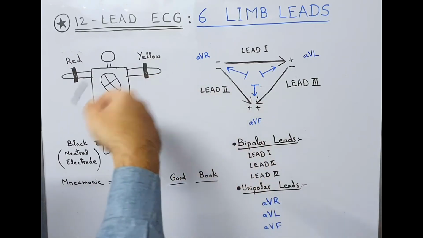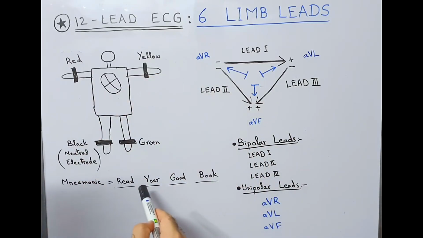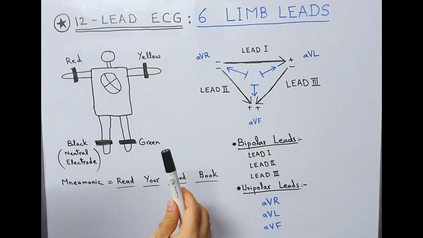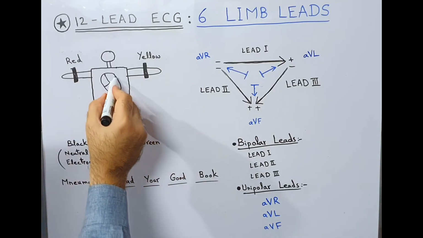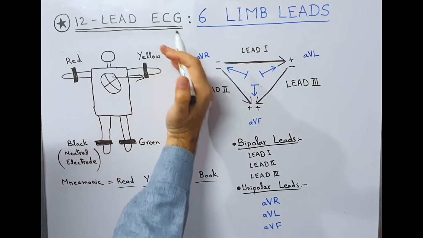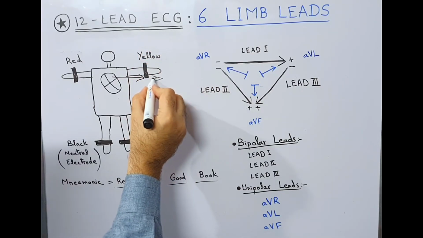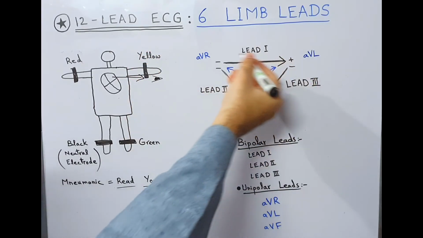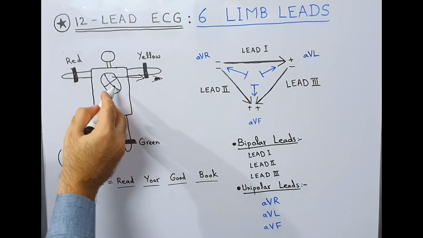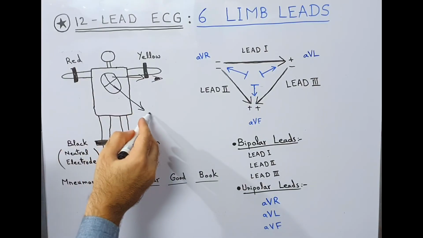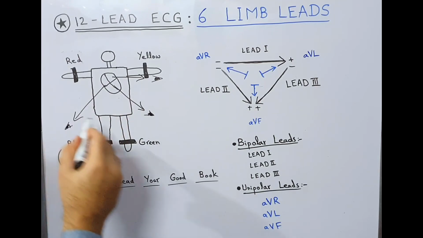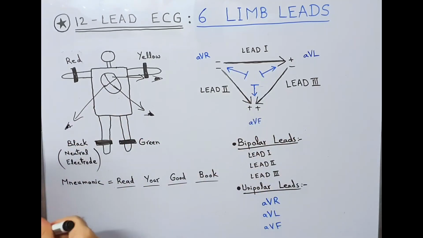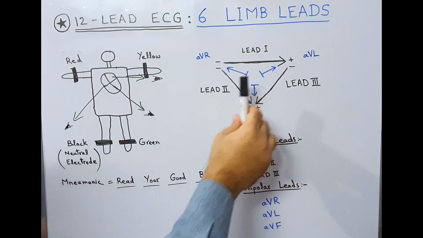The main thing to remember in this whole discussion is from which side a lead is looking at the heart. If this is the heart, lead 1 is looking at it from this side. This is the eye for lead 1. Lead 2 is looking in this direction, from this side. Lead 3 is looking at it from this direction. Similarly, these 3 leads are looking at it from right, left and bottom.